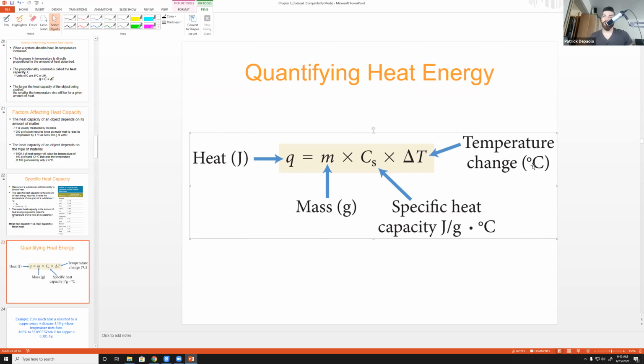Now, one of you could be like, oh, what about Kelvin? Are you always using Kelvin? That's confusing. But this is temperature change. If you remember that the difference between Kelvin and Celsius is only an additive factor of 273, the temperature change for Celsius and Kelvin is the same thing.